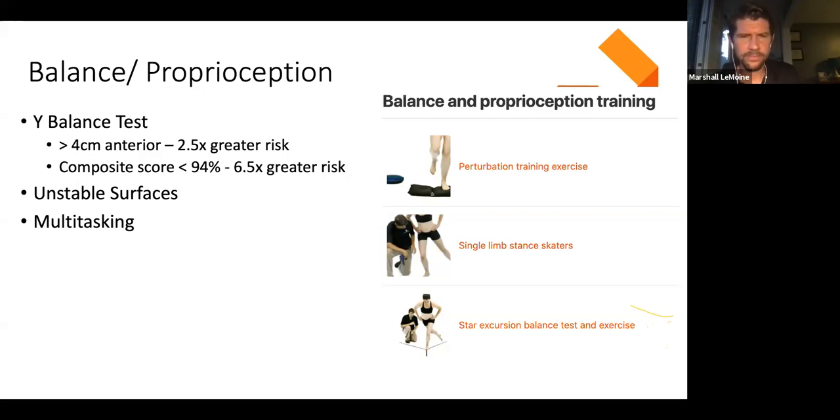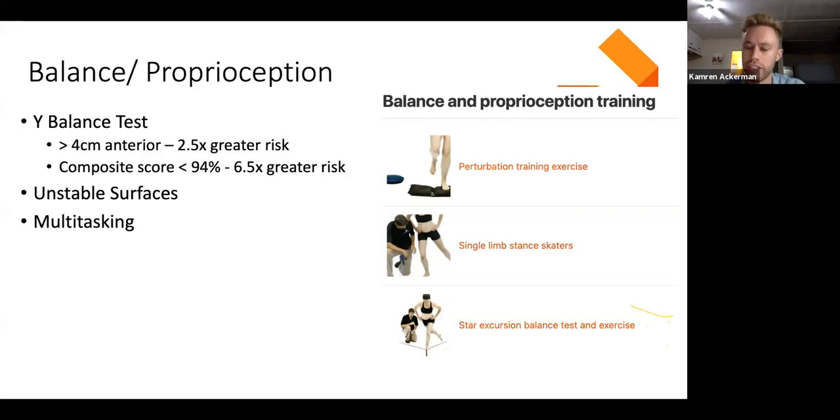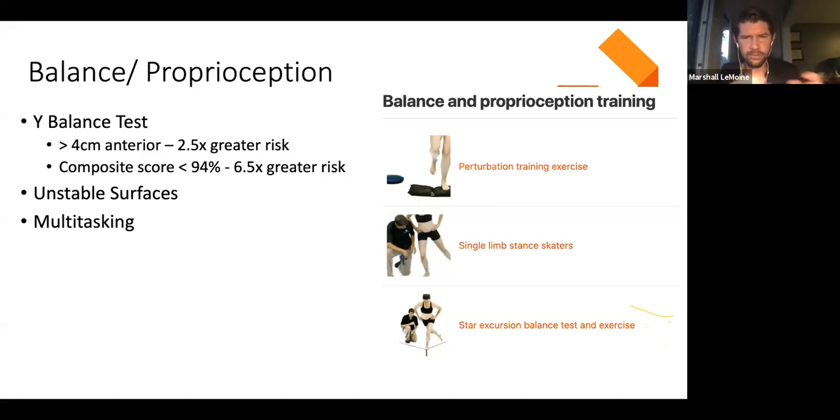Good. What else? Ball toss, to get them to balance without thinking about their knee. Awesome. A single limb squat, catching a ball and counting. Good. So I heard catching a ball, great, makes it functional for their sport. So if they play frisbee, hopefully you're throwing them a frisbee. If they play rugby, hopefully it's a rugby ball. If it's tennis, it's a tennis ball. I mean, right? Idea, can you match their sport?